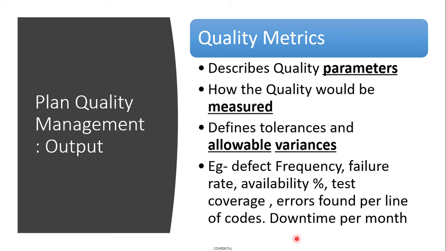Also, at this planning stage, you will come up with the quality parameters. These are the quality parameters that you start measuring. In the construction industry, obviously there are a lot of quality parameters, from your bricks to the sand that you use, the cement that you use. They take samples and test whether the cement is up to quality.